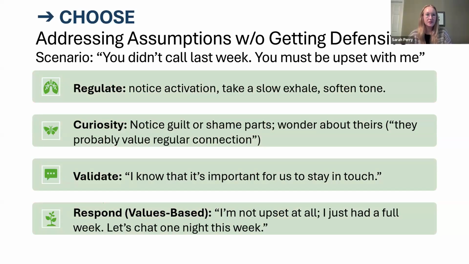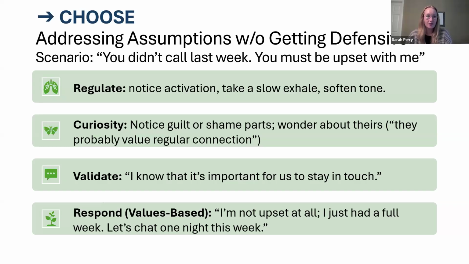And then similarly with this final situation, where the person says, you didn't call last week, you must be upset with me. So this assumption that you're upset with them, and maybe the initial feeling that you feel is getting defensive about that.